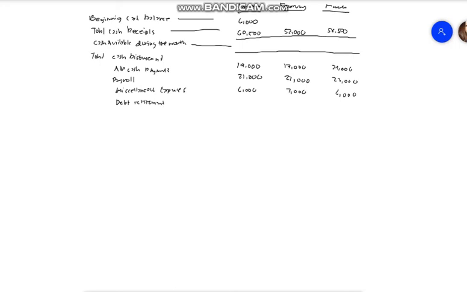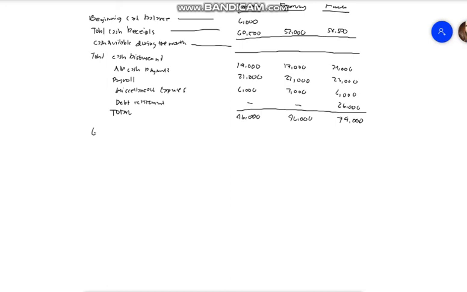There's a cash out for this one. No items for January and February, so only March, and that's 26,000. So we get the total cash disbursement. We'll just add that up. The total cash disbursement is 46,000 for January, 46,000 still in February, and 79,000 in March.